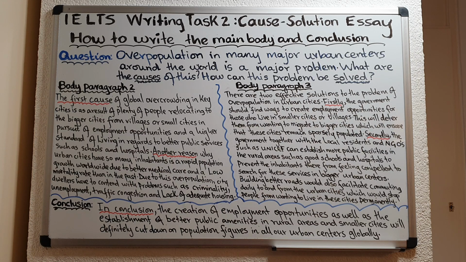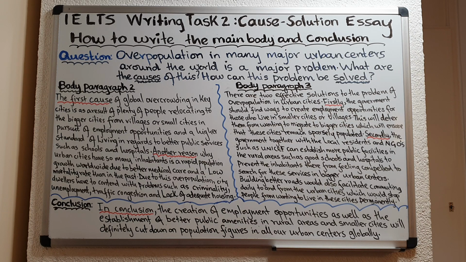And so public amenities means facilities, okay? I have to use varied vocabulary for a band 9, so I have to keep changing the word. So amenities simply means facilities, public facilities such as good schools, hospitals, better roads, okay?